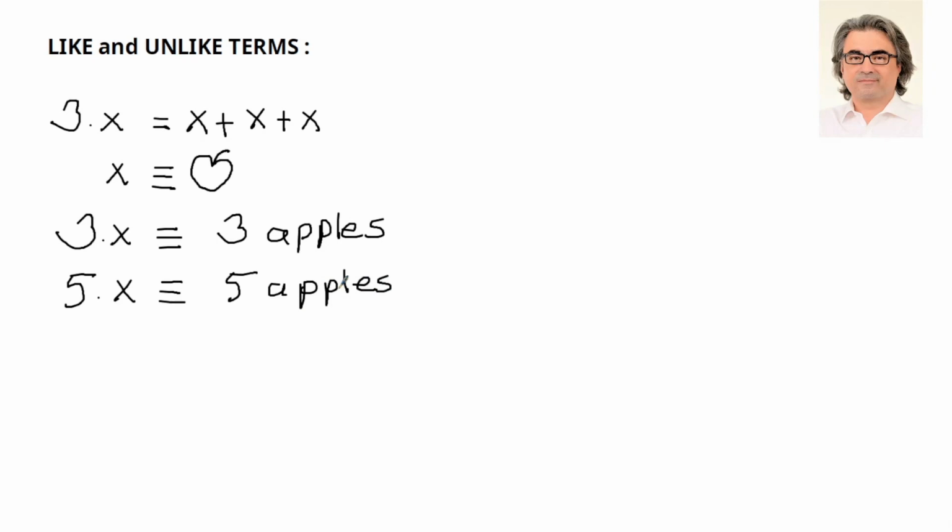Now, I have 3 apples and you have 5 apples. And let's put these apples together. We got 8 apples in total, right? Now let's express this real-life example mathematically. 3x in my hand and 5x in your hand together, 3x plus 5x is equal to 8 times x.